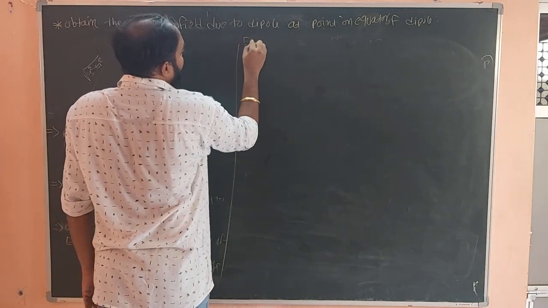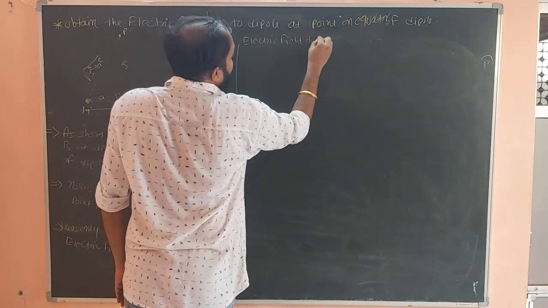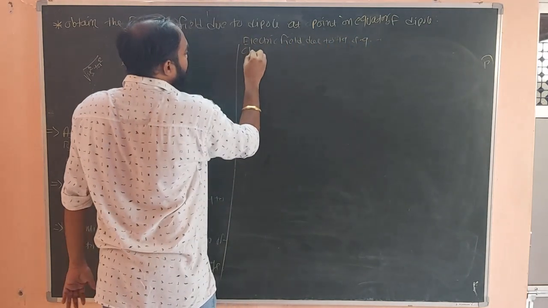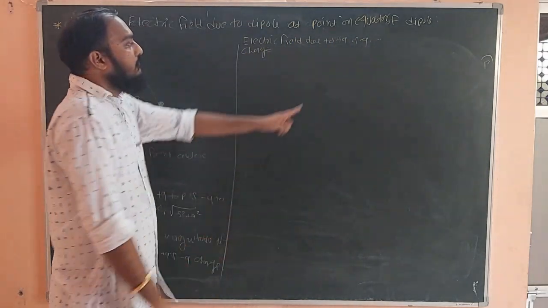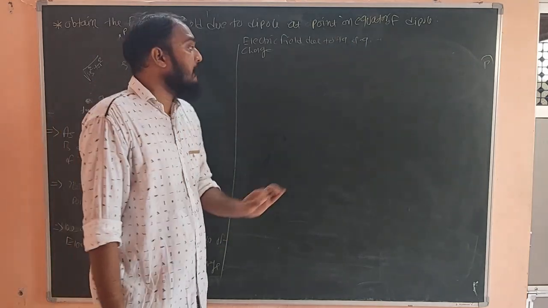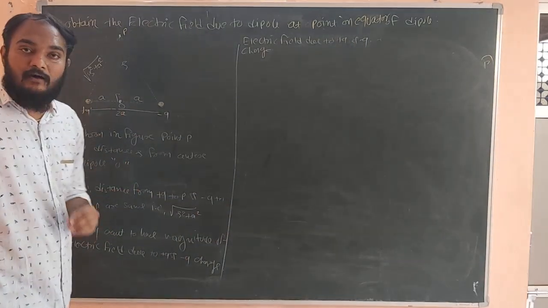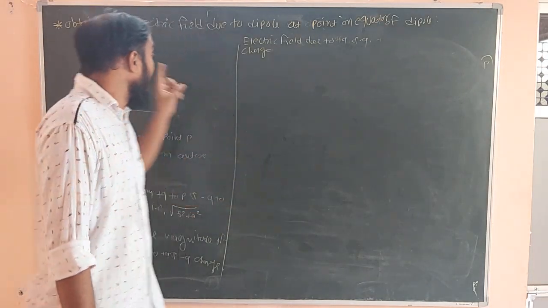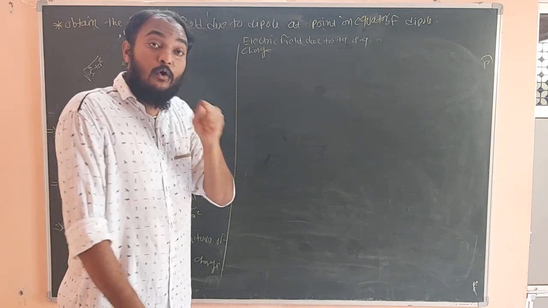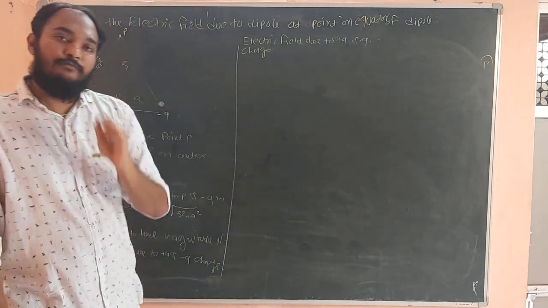So the electric field due to positive and negative charge, plus Q or minus Q charge. We want only magnitude. Why? Because the direction has not been confirmed yet. We have to think about the direction of the electric field. So for now we are only going to bother with the magnitude of the electric field.